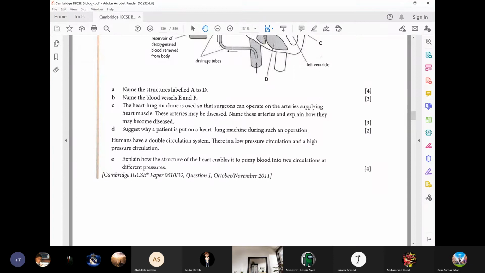Next one. Explain how the structure of the heart enables it to pump blood into two circulations at different pressures.